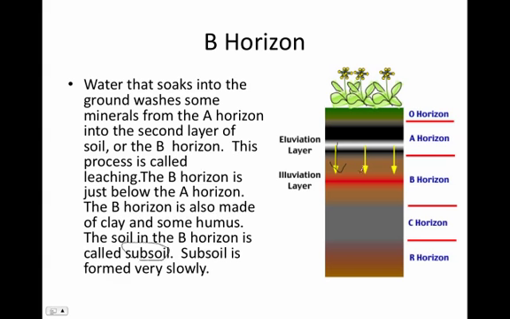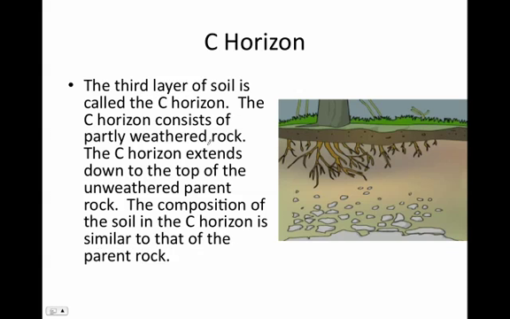And so again, clay means that it's really dense, with not much pore space. And horizon C, the third layer, consists of just partly weathered rock. This would be an example of horizon C. Those rock particles still need to be broken down a lot more.